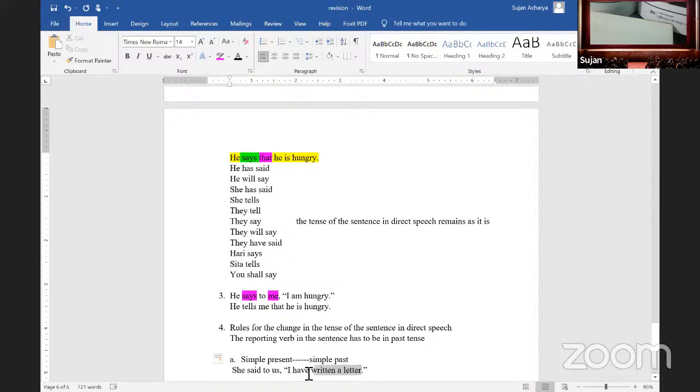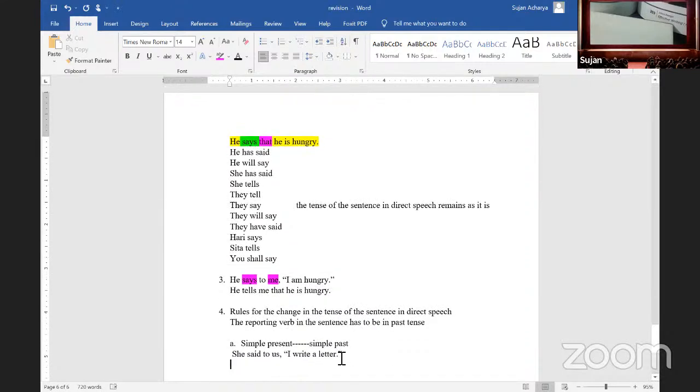Now this is in simple present tense, and the reporting verb is in past form, said. Now, if the reporting verb is in past tense, then the tense of the direct speech, if it is simple present, changes into simple past. She told us that she wrote a letter.